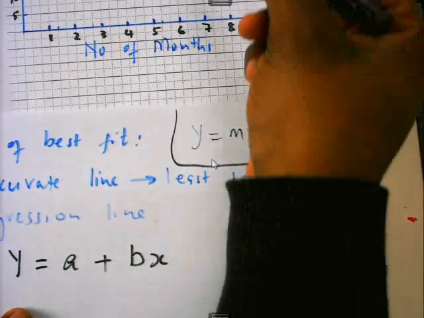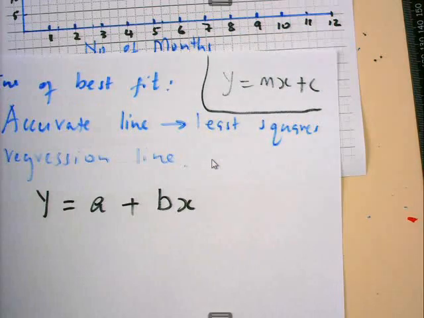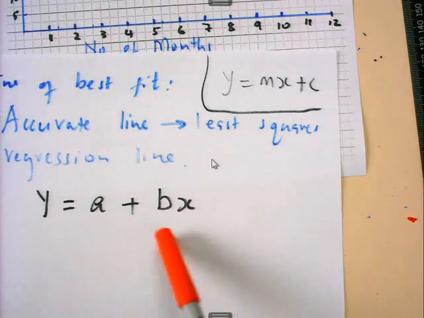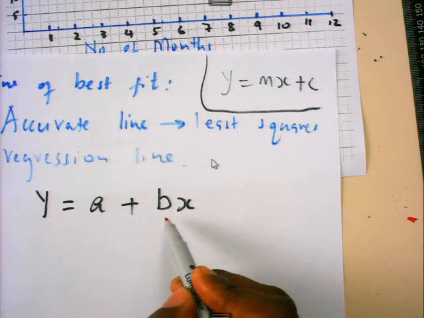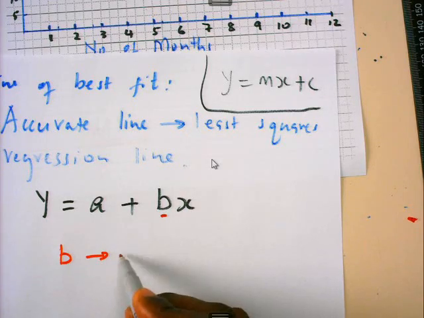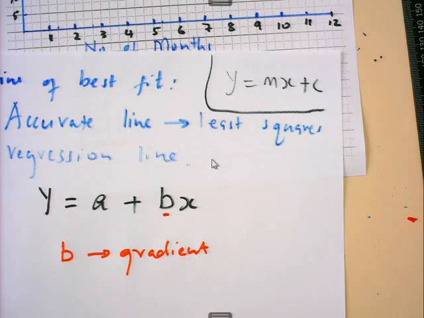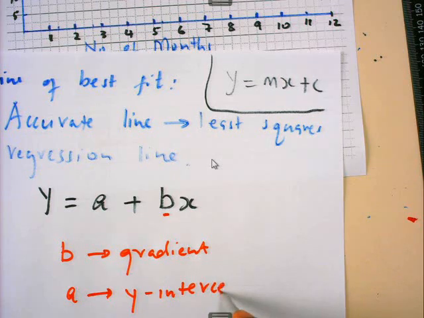Now, because in this case it is the least squares regression line, it will obviously have the gradient. You remember with the straight line, B is your gradient. The value of B becomes your gradient, and the value of A is your y-intercept. I'm sure you remember what we have learned about the straight line.